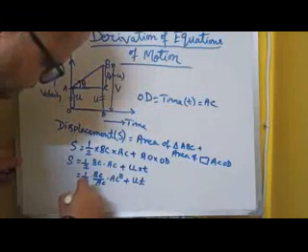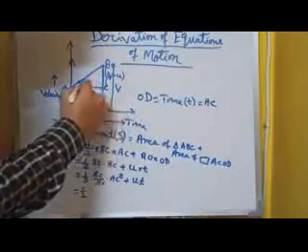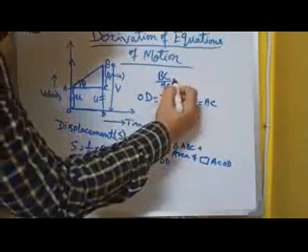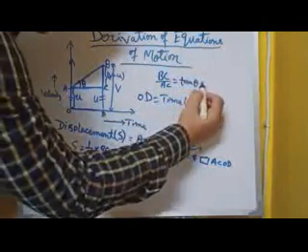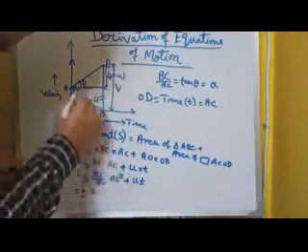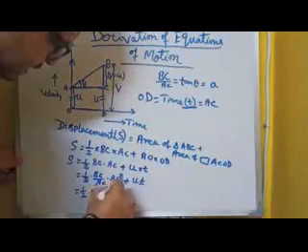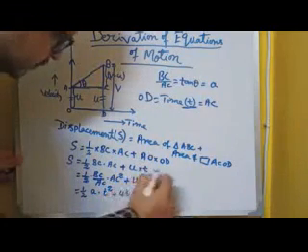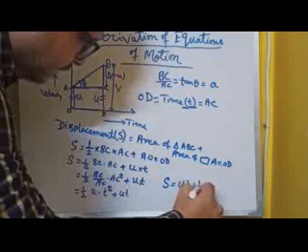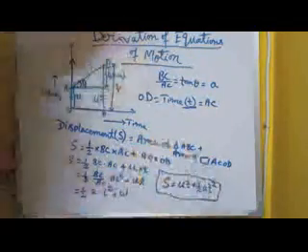So half BC by AC, that means tan theta, and tan theta means acceleration A. AC means T, that is T square, plus UT. So finally we get S is equal to UT plus half A T square. This is the proof of the second equation.